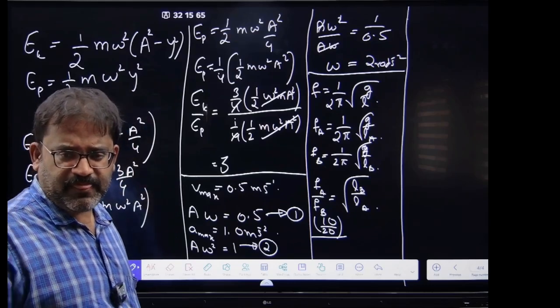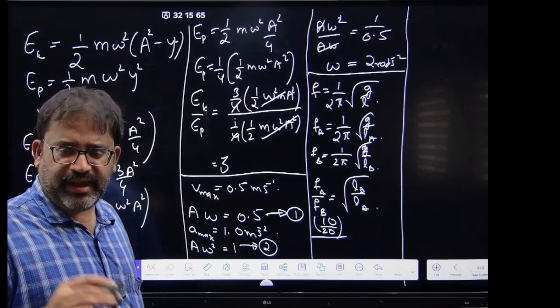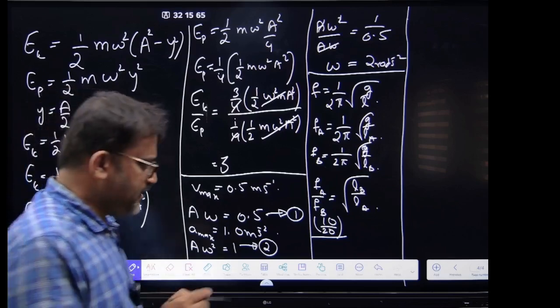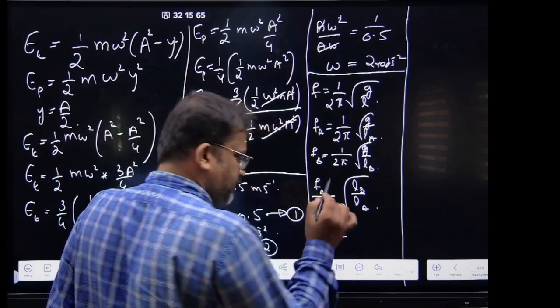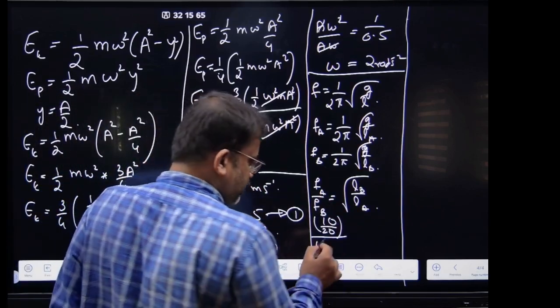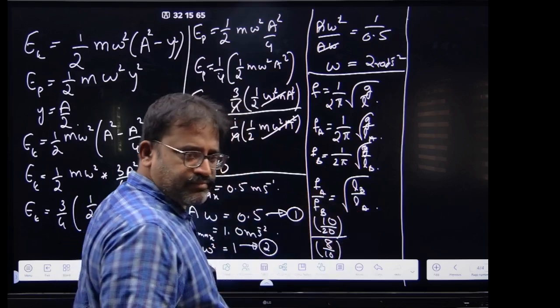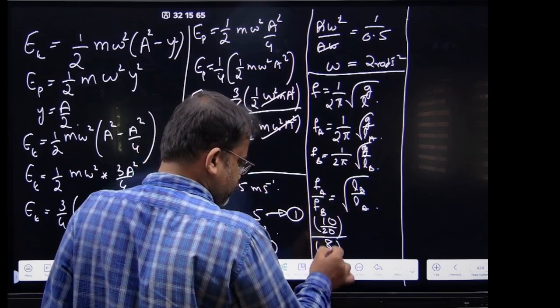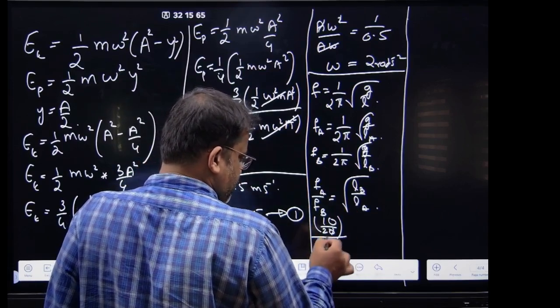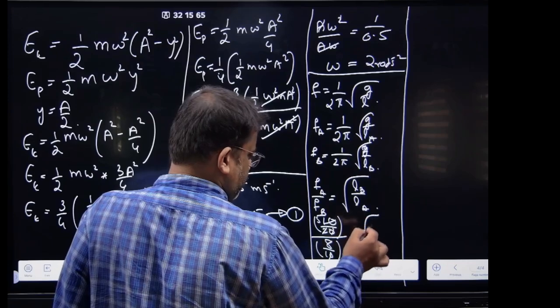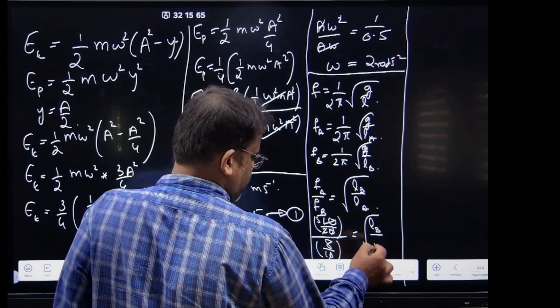B oscillates 8 times every 10 seconds. That means the number of oscillations it makes every 1 second will be 8 divided by 10. So here we can cancel this off, and 2 times 1, 2 times 5. So that is equal to root of LB by LA.